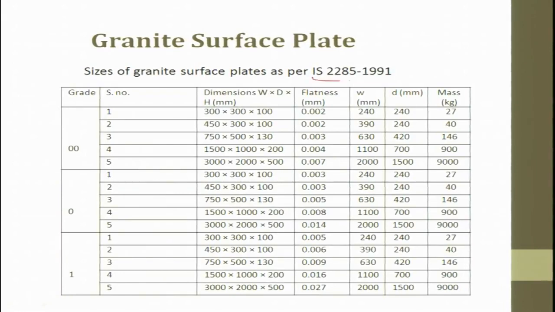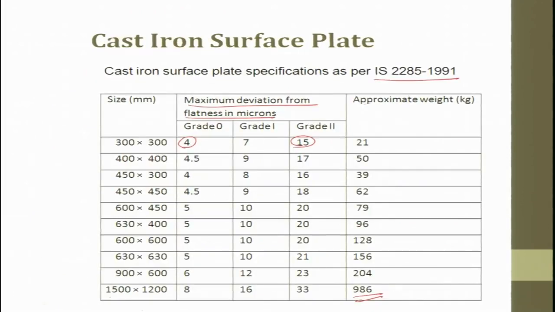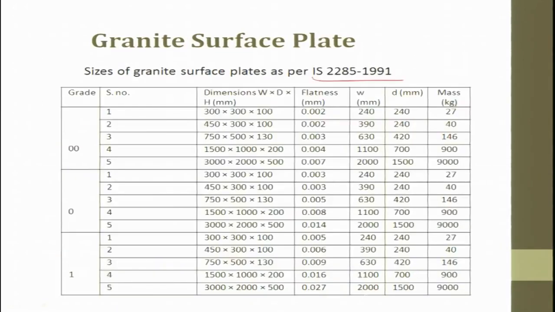According to this standard, you can see the grades 0, 0, 0, 1, and these are all in millimeters, so you can convert into microns, and these are all the weights. Just for example, this is 1500 into 1200, which is around 1000 kilos, while this one is 900 kilos. So, it is slightly less, okay, approximately it is less. Okay.